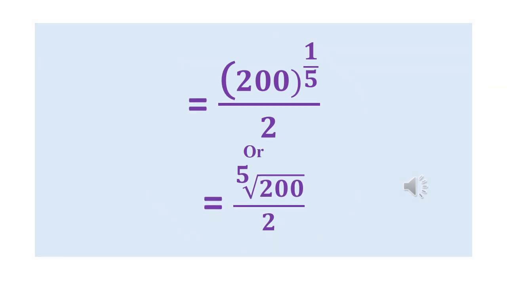So 25 times 8 will give us 200, and that will be 200 raised to power 1 over 5 all over 2, or fifth root of 200 all over 2. That is our answer for this question.